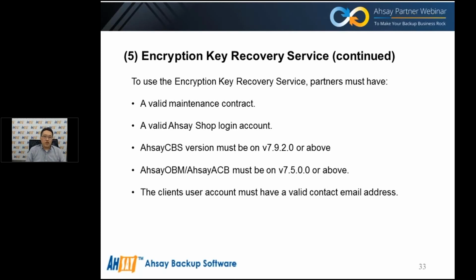To use self-service, AhsayCBS must be on 7.9.2.0 or above. The backup set on OBM or ACB must be on 7.5 or above. And the client's user account must have a valid contact email address.